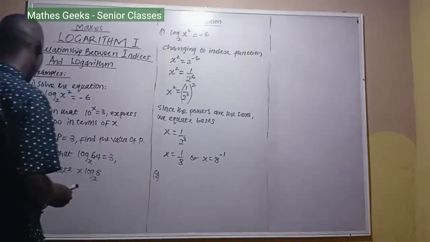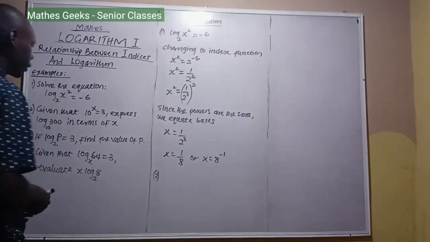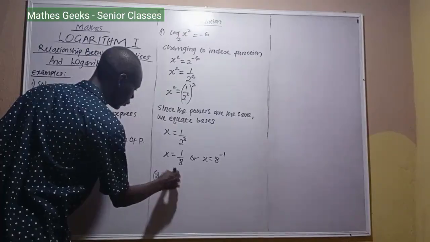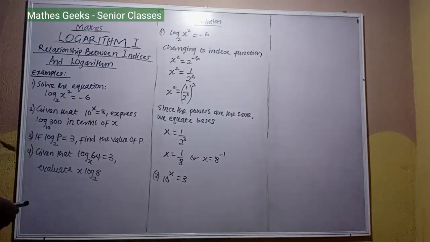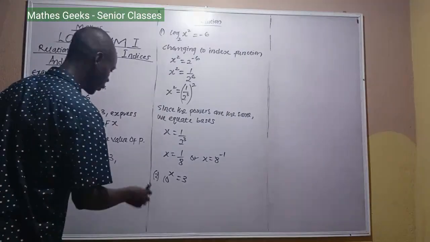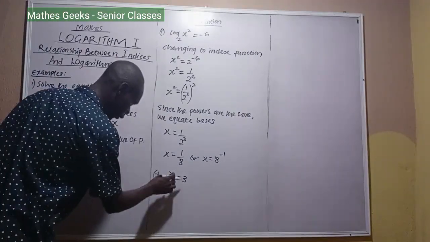Number 2. Given that 10 raised to x is equal to 3, express log 300 in terms of x. So 10 raised to x equal to 3.